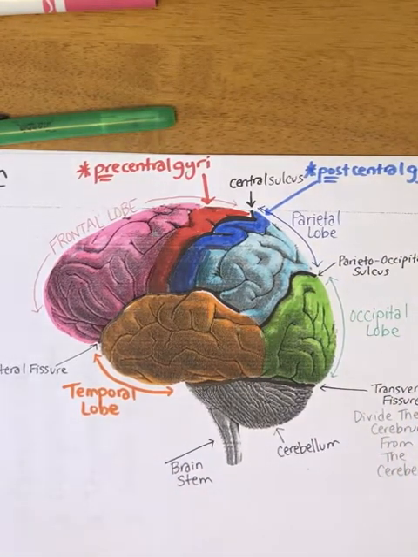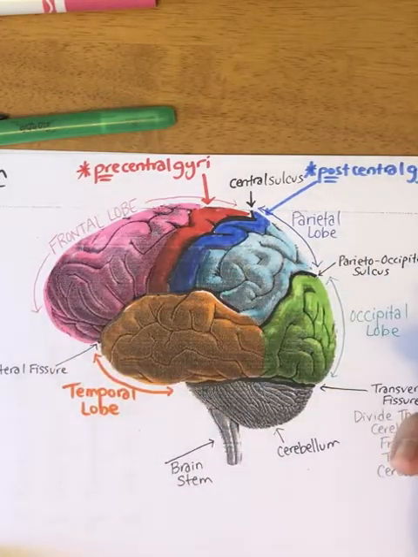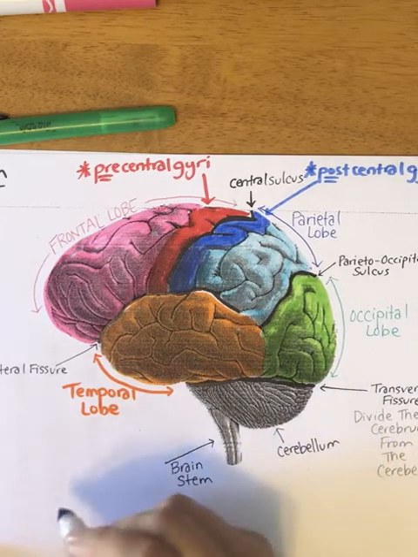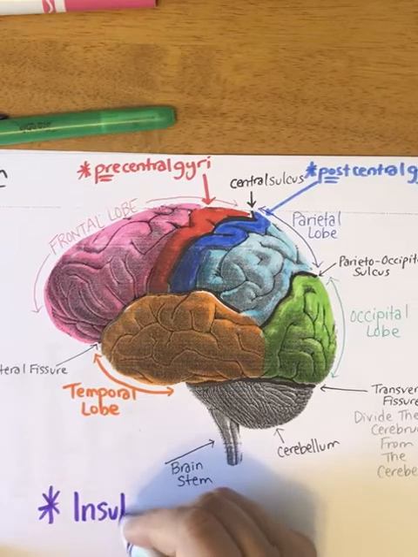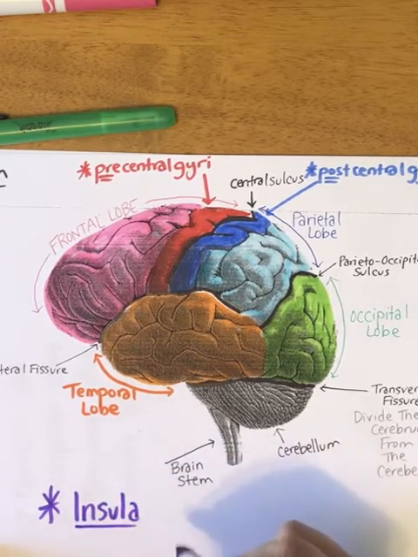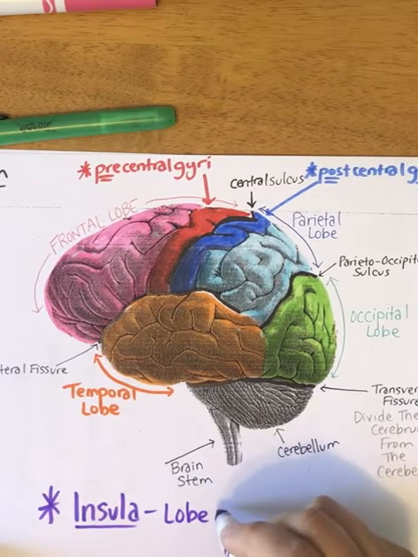Now the lobe that you cannot see is the insula. If you removed the temporal lobe out of the way, you would see the fifth lobe. So I'm just going to put a star right here and I'm going to put the insula. The insula is the fifth lobe. This is the lobe that is deep.